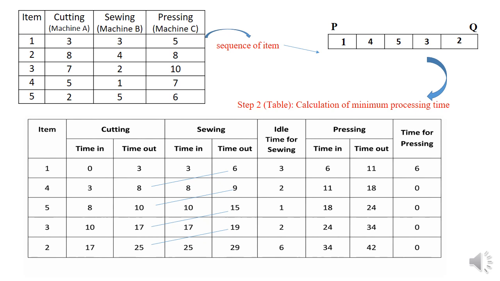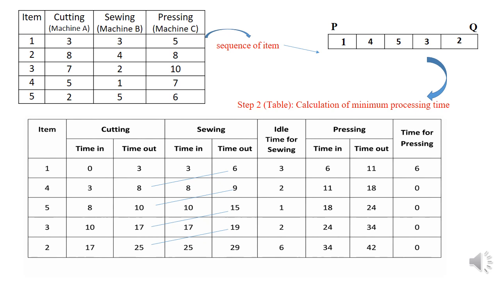The idle time or waiting time of pressing machine is 0 hours for starting the item, because the time out of previous work in pressing machine was 24 and the time in of present item in pressing machine is 24.